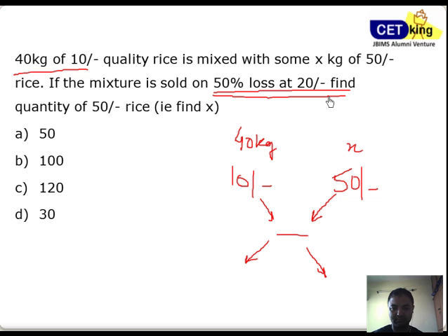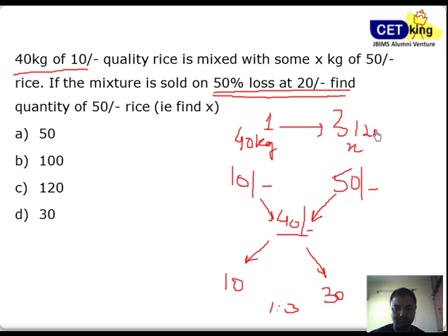So how much is the total amount? 40. After 50% reduction, this is 20. So 40 is the rice price. So this minus this is 10. This minus this is 30. So the ratio is 1:3. If the 1 part is 40 kg, the 3 part will be 120 kg. So the answer is 120 kg.